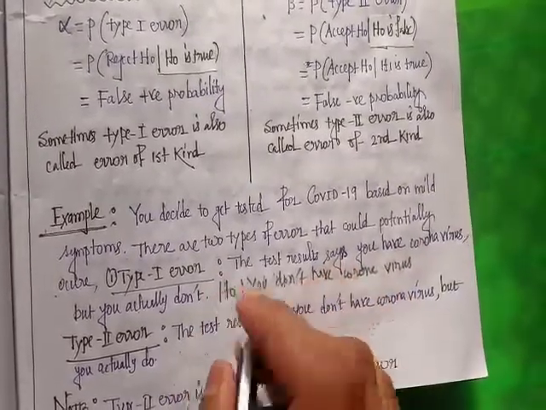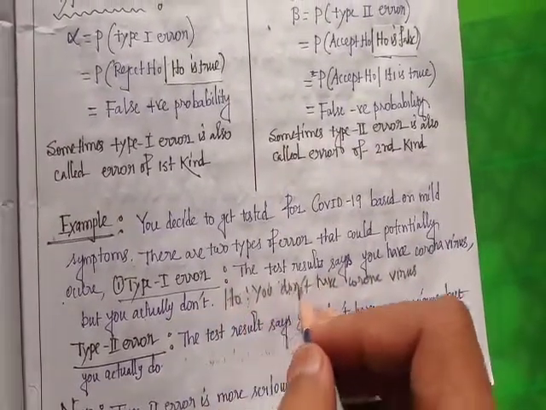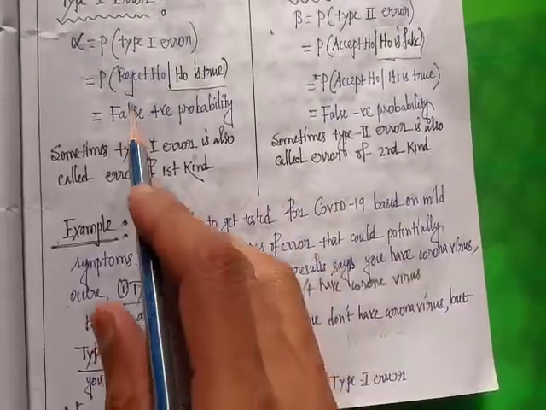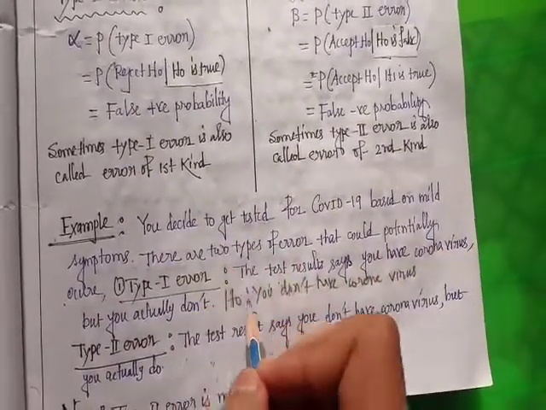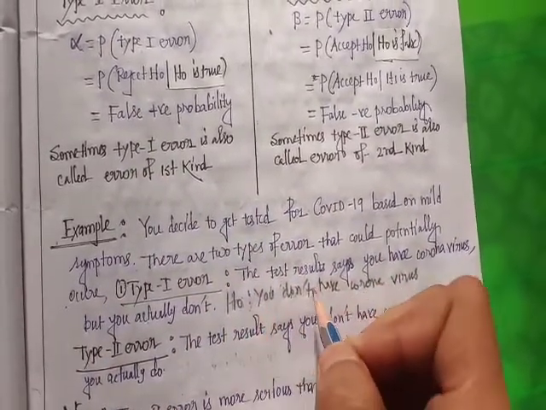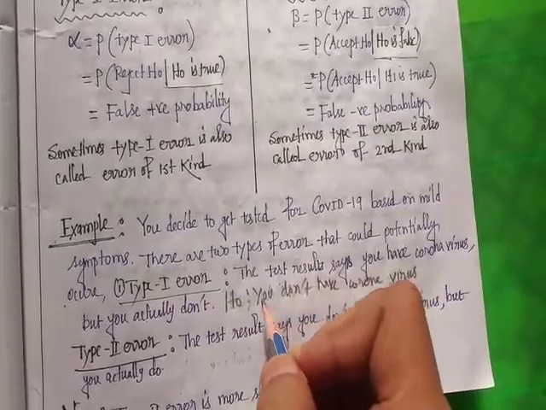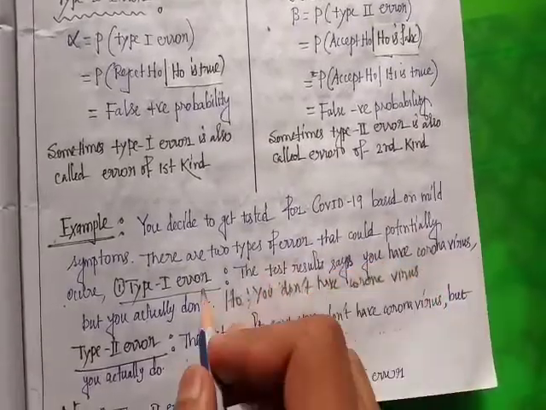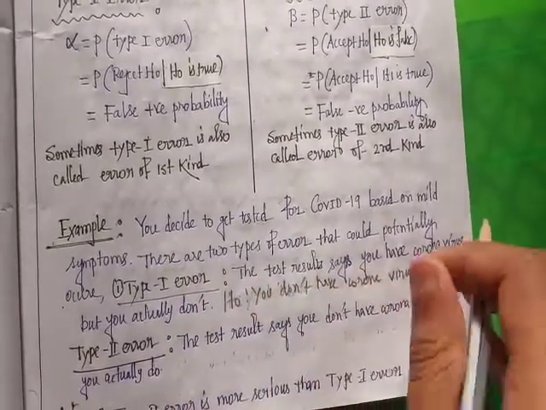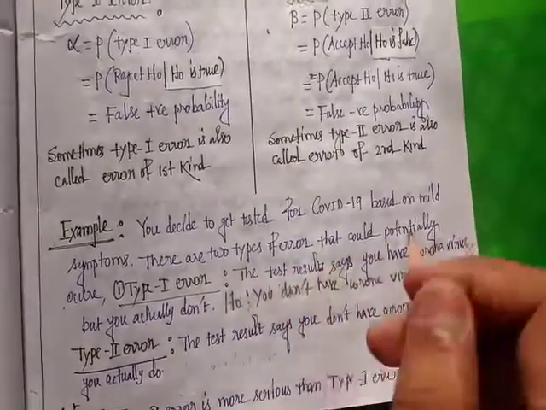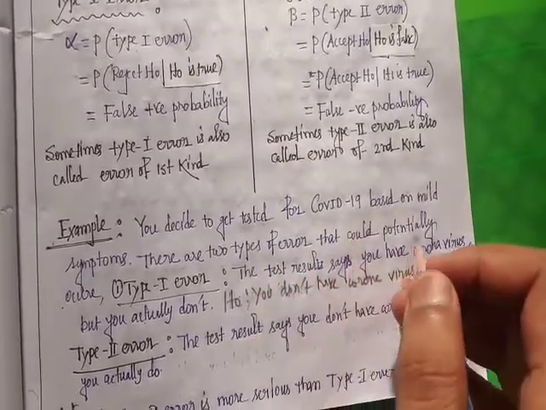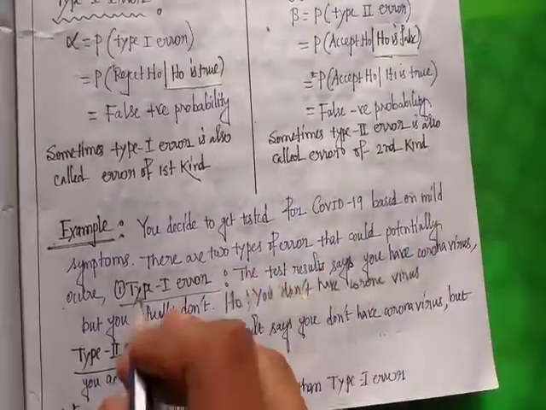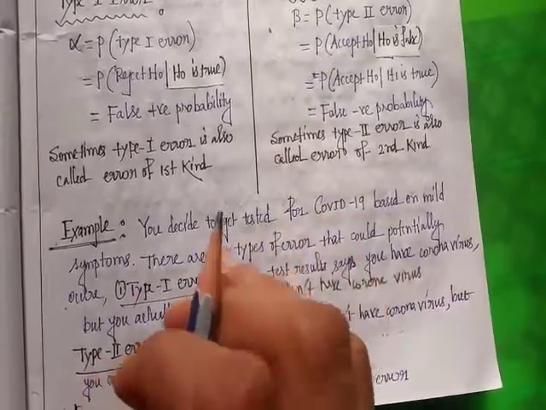In this case, H0 is you don't have coronavirus, but we reject this statement. So the test result says you have coronavirus. In this case type 1 error will occur.